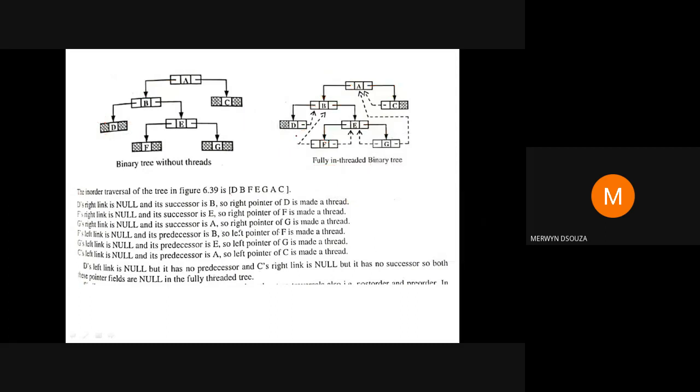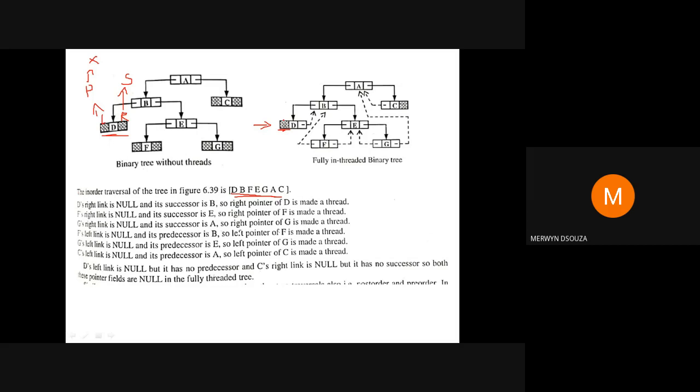After you have done that, you're going to start with the first node that is having null pointers. So this one is having null pointers. It is having the left pointer null and the right pointer null. We have already discussed that left will store the predecessor value and right will store the successor value. So using this traversal, find the predecessor. D is not having any predecessor, therefore here you will put null.